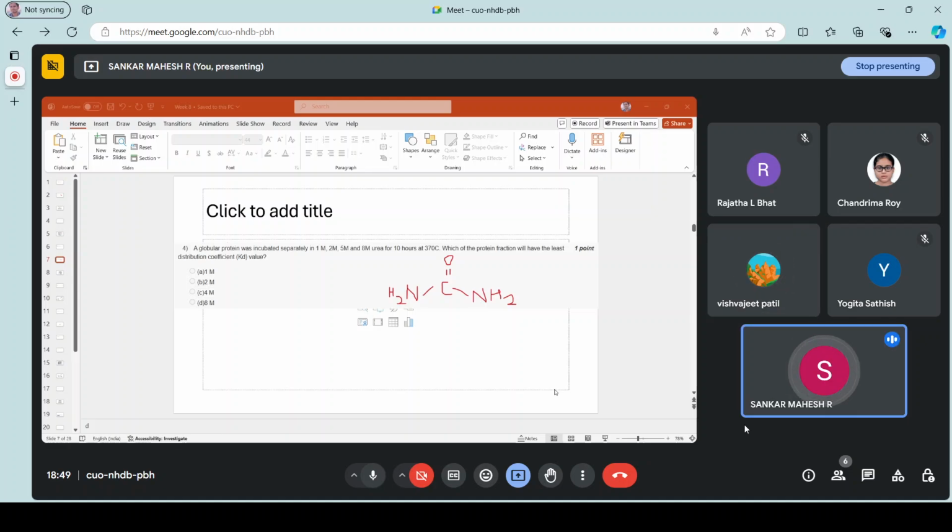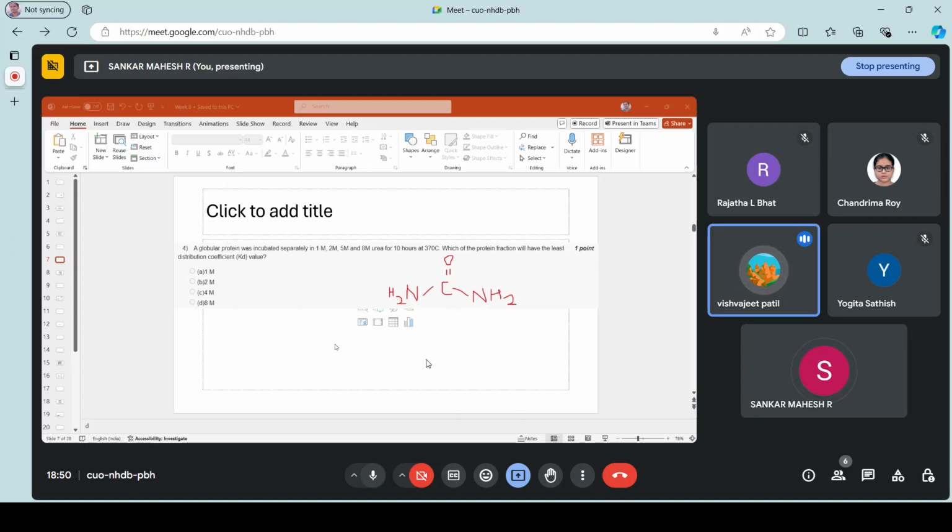Now we have the structure of urea here. I have drawn that. Now, is something familiar with respect to the structure of proteins or amino acids and the structure of urea? Can you make sense of it? Okay, what do you find similar here? So there is an NH2, NH2 molecule and oxygen is present.